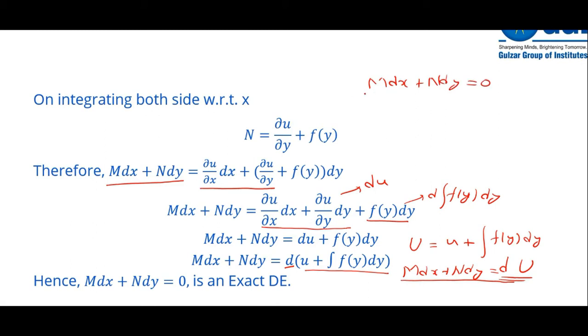If we want to check whether this is an exact differential equation or not, what we have to do is just check that ∂m/∂y should be equal to ∂n/∂x. If ∂m/∂y is equal to ∂n/∂x, then this equation is an exact differential equation. And if this equation is an exact differential equation, then we know that ∂m/∂y is equal to ∂n/∂x.